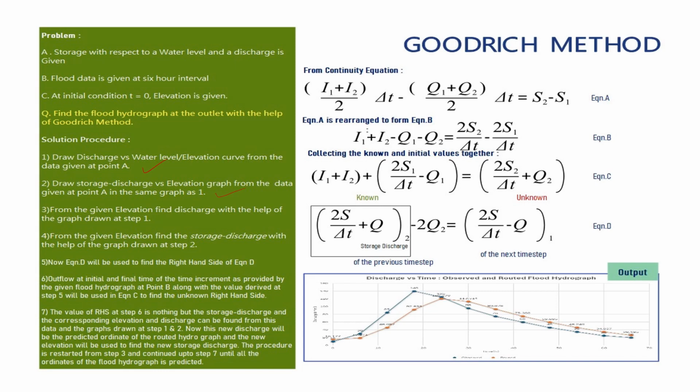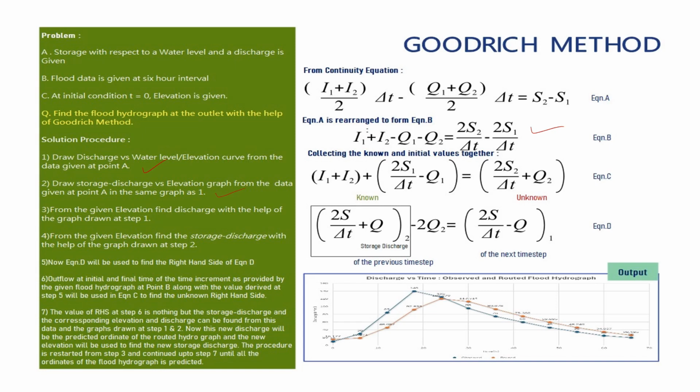In this Goodrich method, everything comes from the continuity equation: average inflow in the time period minus average outflow in this time period is equal to change in storage. S2 minus S1, where 2 is the final time and 1 is the initial time, so the difference is the change in storage. So from equation A, we rearrange and find equation B.